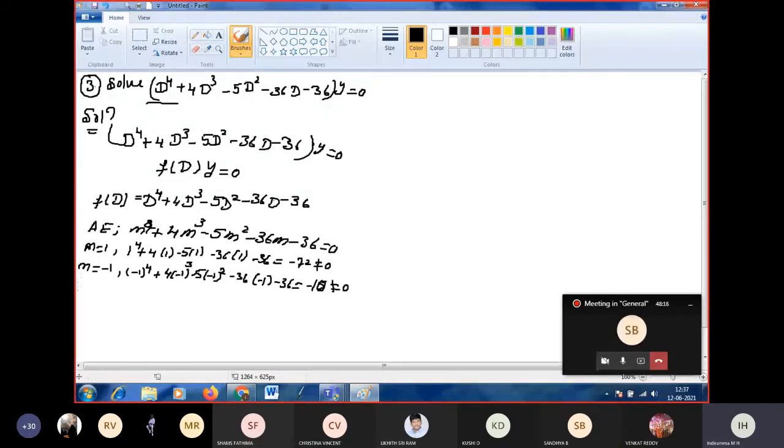Next, what shall I put for m? 2. So 2 power 4 plus 4 into 2 cube minus 5 into 2 square minus 36 into 2 minus 36.